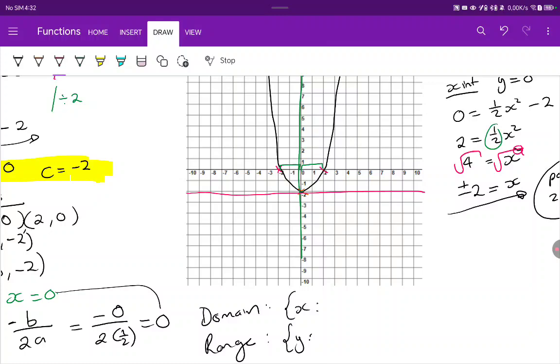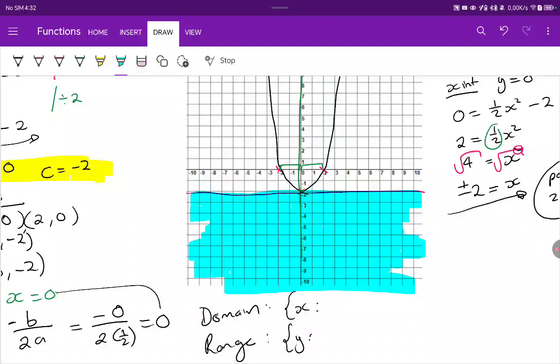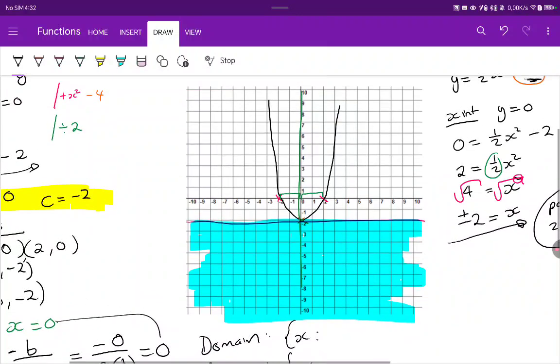If I go above the line, my graph exists there. But if I go below this line, the graph never ever goes below that line. Over here, there is no graph. So this part is cut off. There is a lower boundary for this graph. And this is on my y line, on my top to bottom line, right?